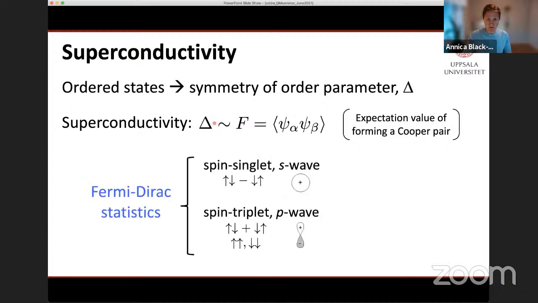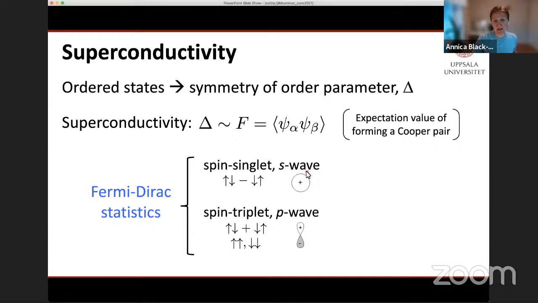Now, the Cooper pair is a fermion, so it needs to obey Fermi-Dirac statistics. That means if the two electrons that you pair form a spin-singlet combination, then for this combination to still fulfill Fermi-Dirac statistics, so it is odd when you exchange the particles, it needs to have a spatial dependence that is s-wave, or even in space at least.